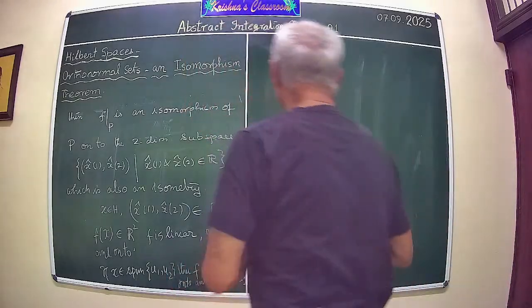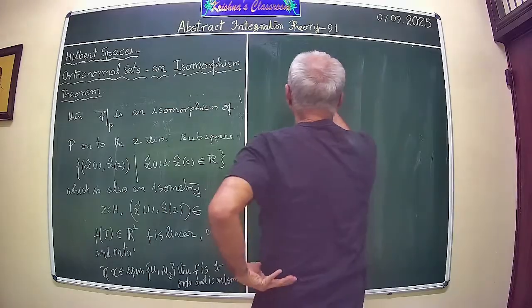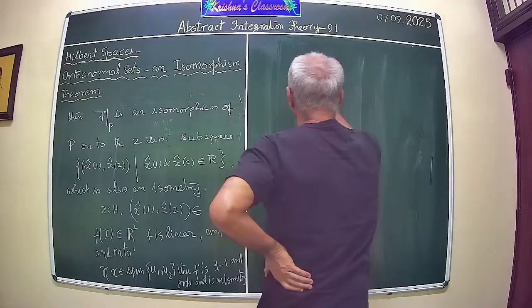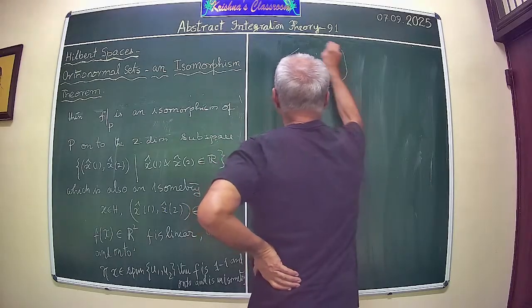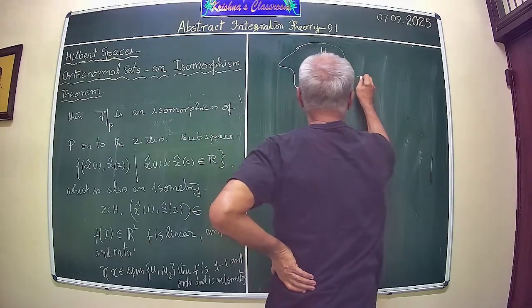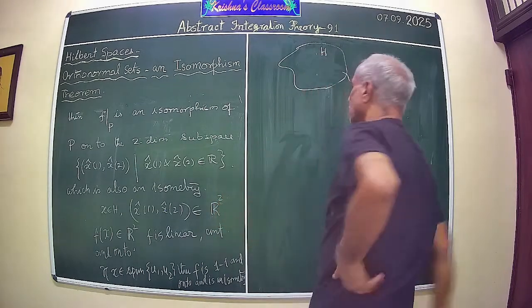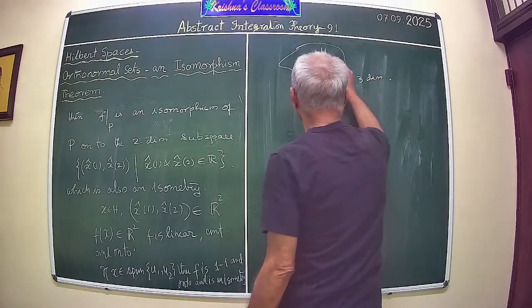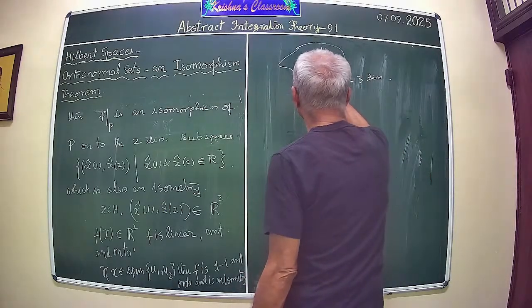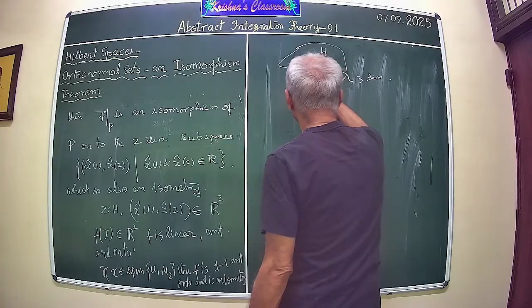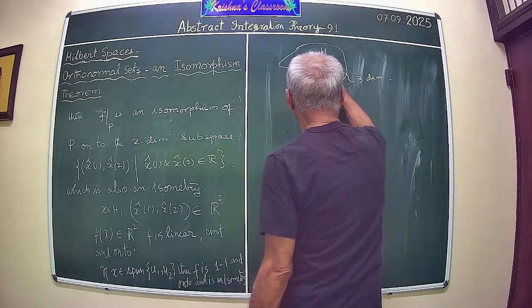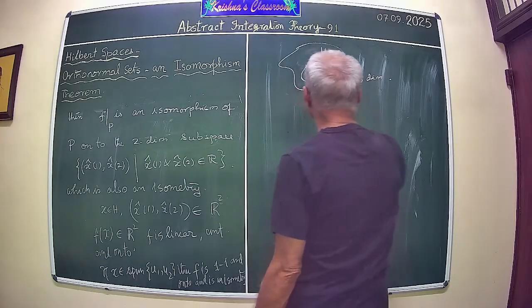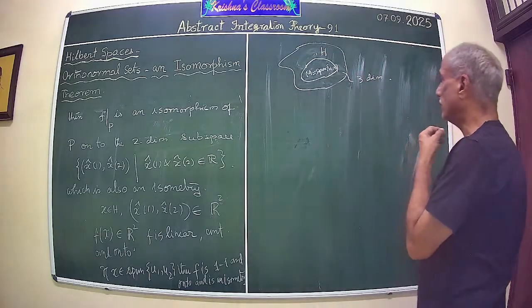Geometrically it is very easy to explain. You have a three-dimensional space. Now you have a subspace.